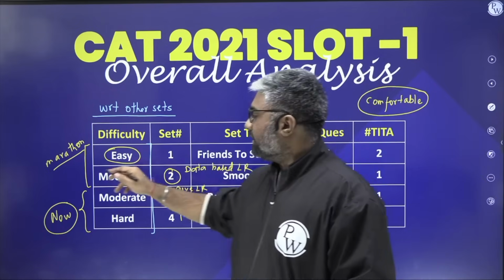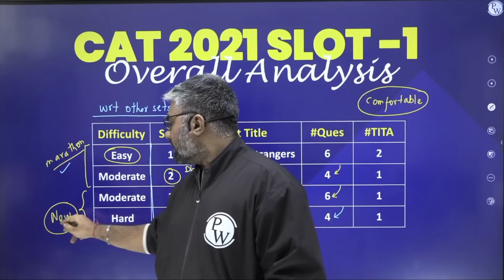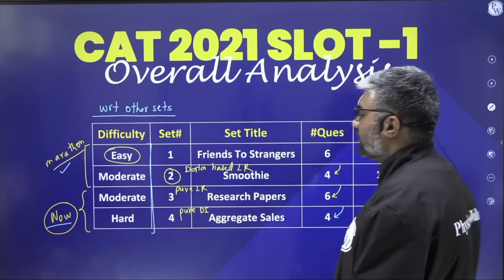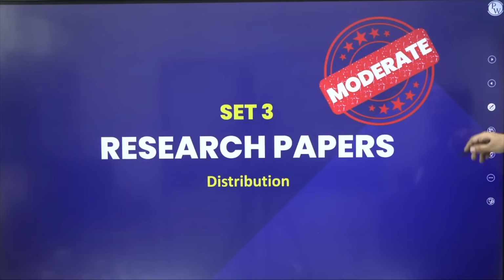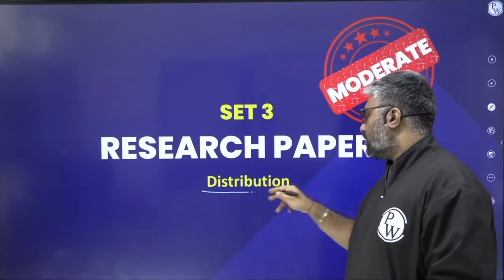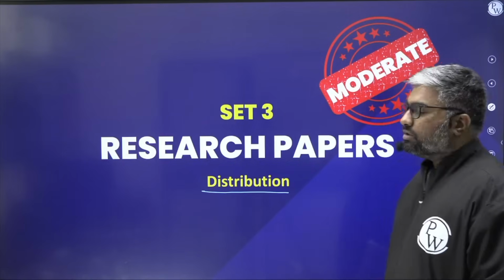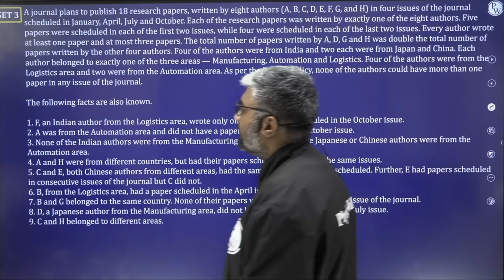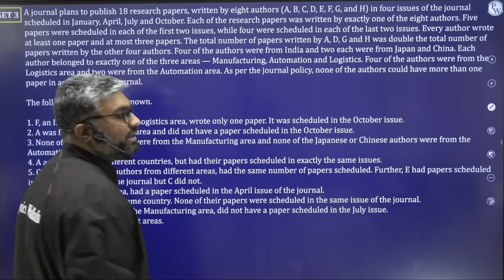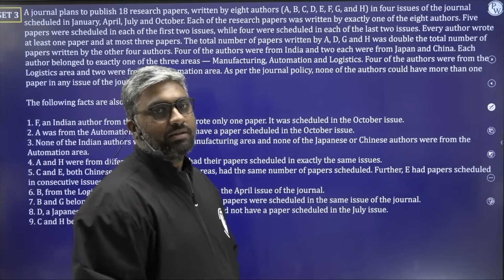These two we are done. We will be looking at these 2 sets now, the moderate and the hard one, research papers and aggregate sales. A research paper, like I said, is a pure LR set, purely based on distribution. The only problem, when we did the analysis, I told you the only problem here is we have too many factors to pitch in, है ना, बहुत ज़्यादा factors हैं.